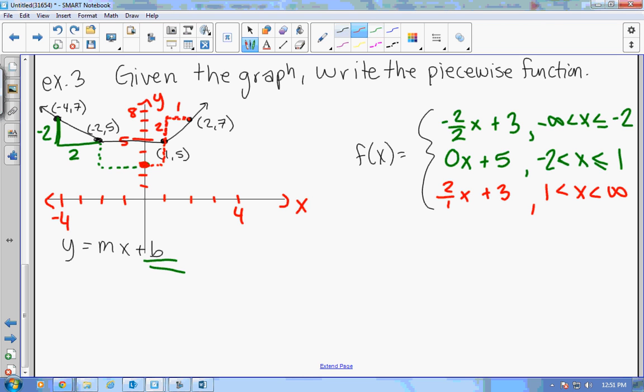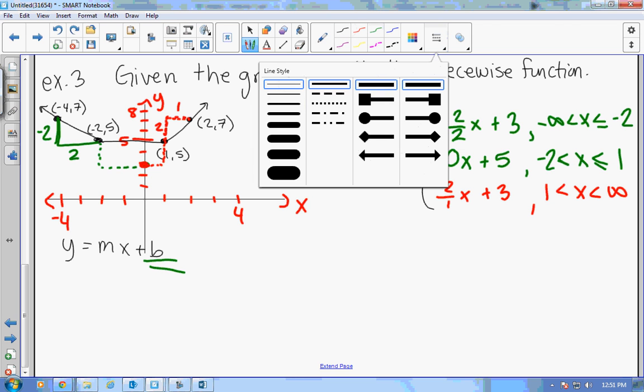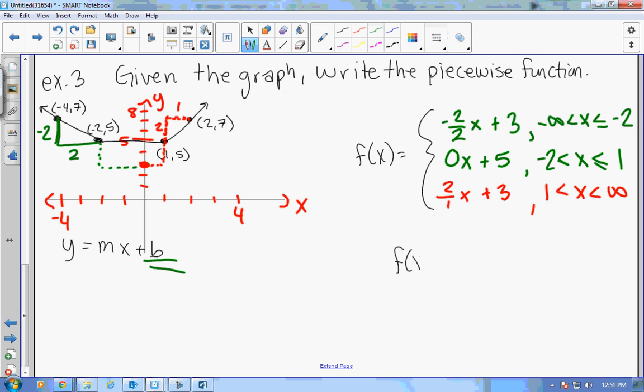Now that would be okay, I guess, to leave it like that, but I'm pretty sure those fractions simplify. Nate, you're not done. Negative 2 over 2 is negative 1x plus 3. And then my domains stay the same that I wrote above. Do we need to write 0x?